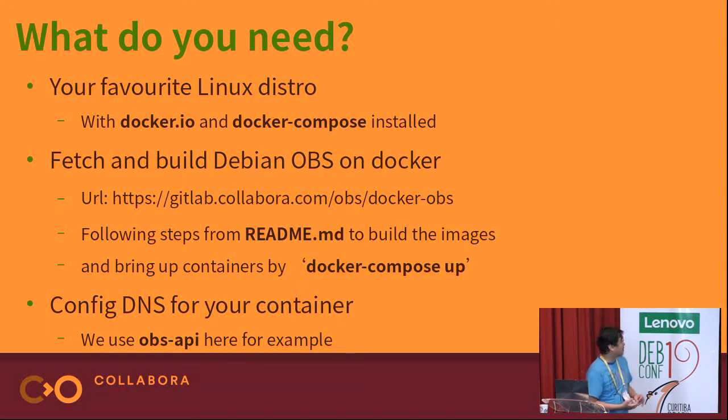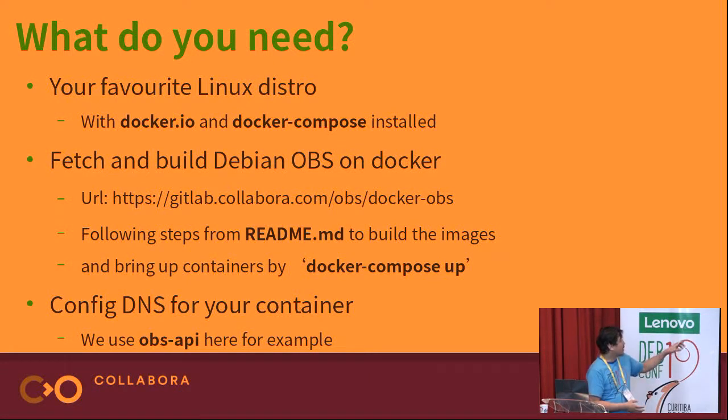And then you can fetch the OBS Docker images from the Git repository. Once you check out the repository, there is a README Markdown file. You can read it to see how to generate the container images, and just follow that. After you generate all the images on your machine, then you can use Docker Compose to bring up all the containers.